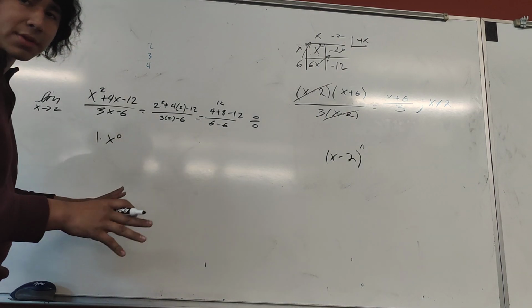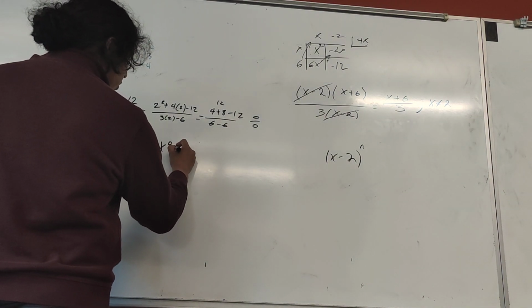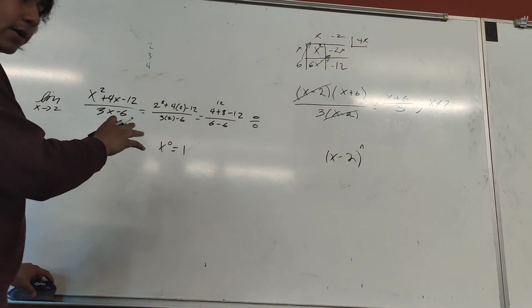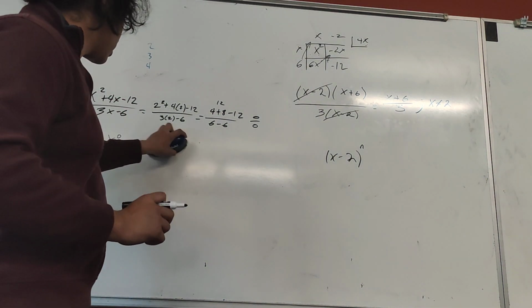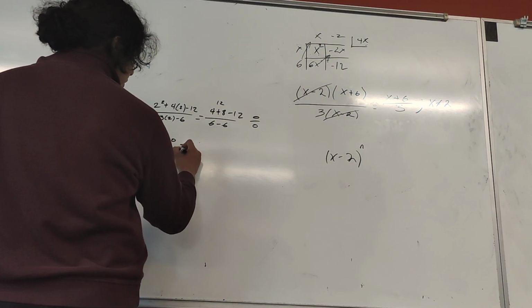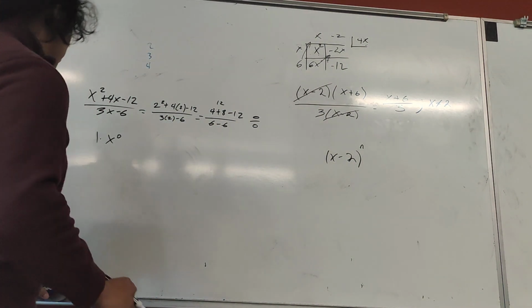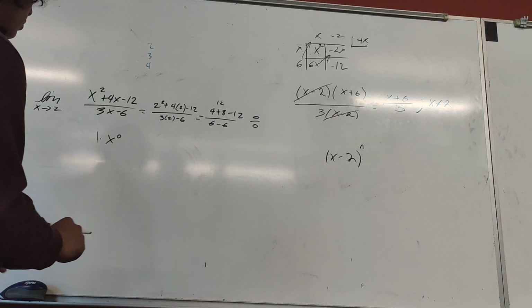x to the 0 is one of the properties that we have for exponents. So x to the 0 is actually equal to 1. That's a valuable thing to remember. You can have e to the 0 and that equals 1. This is actually one of the properties for e. So it's good to memorize.